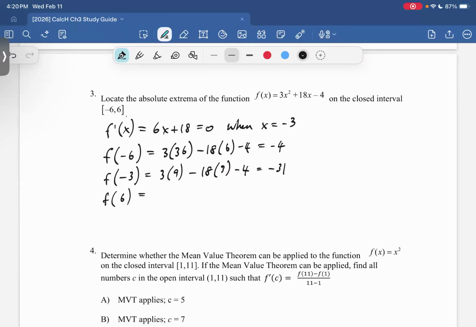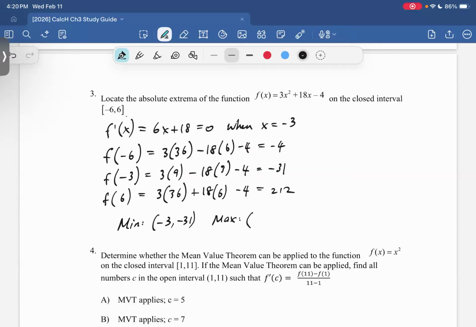And then the other endpoint is 3 times 36 plus 18 times 6 minus 4, which is equal to 108 plus 108 minus 4, which is 212. So my minimum is (-3, -31).